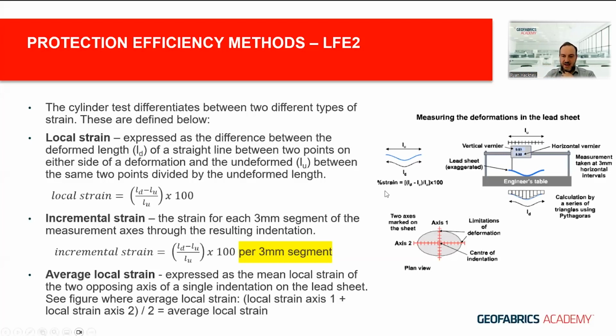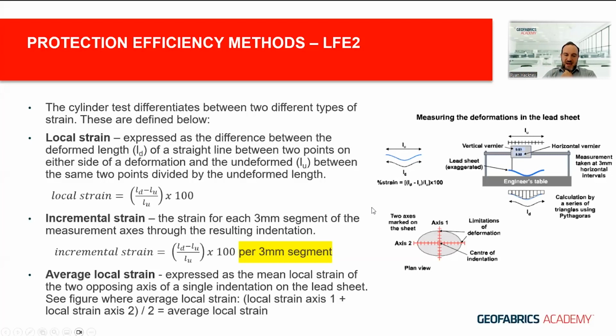You can see a depiction of that there on the right. You have this deformation, you have LU, which is the undeformed length, and LD, which is the deformed length, and we calculate the strain by looking at the difference of one over the other.